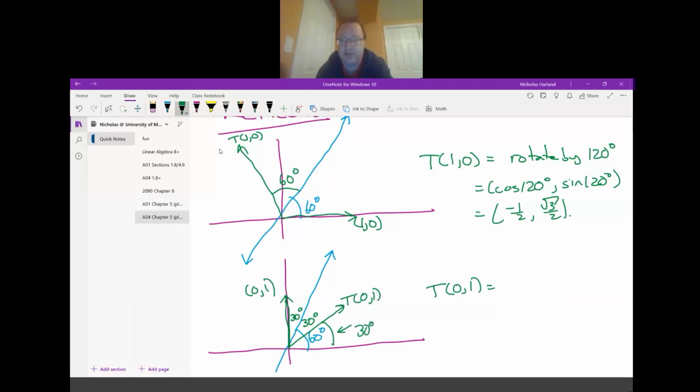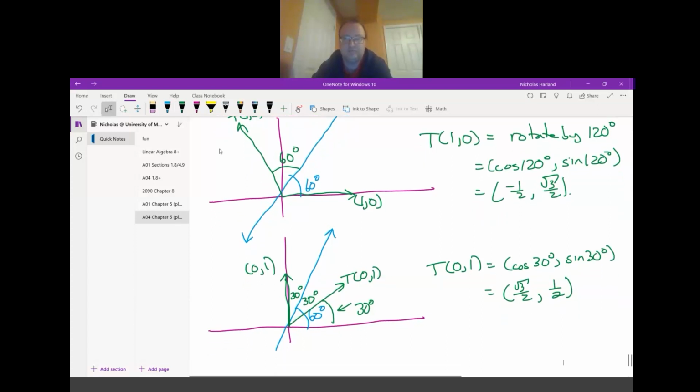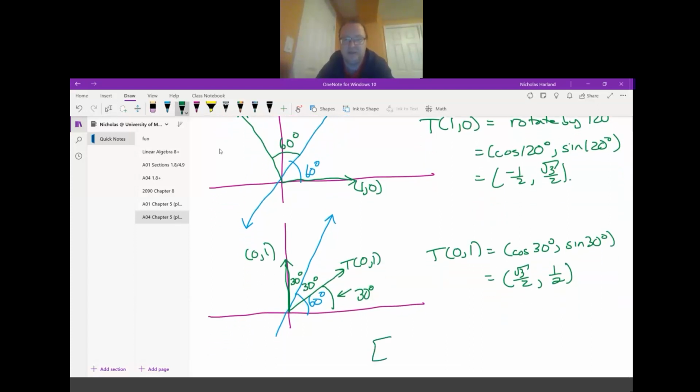And that's the important angle, as we know. So this would be cosine of 30, sine of 30. Now I'm going to get it right. Root 3 over 2 and 1 over 2. So in other words, standard matrix T is negative a half, root 3 over 2, root 3 over 2, positive a half.